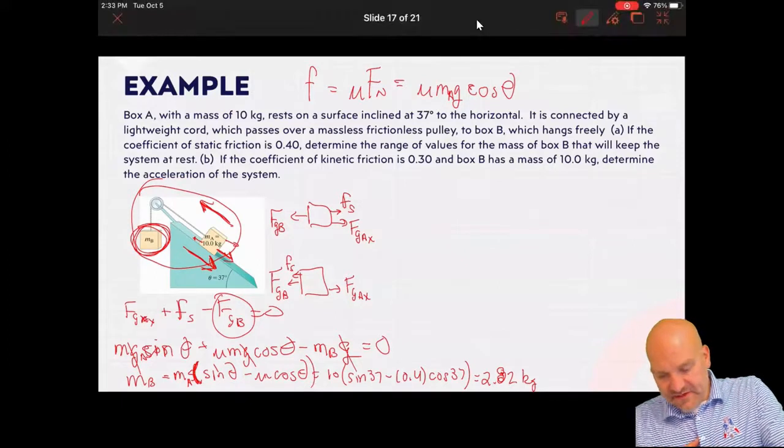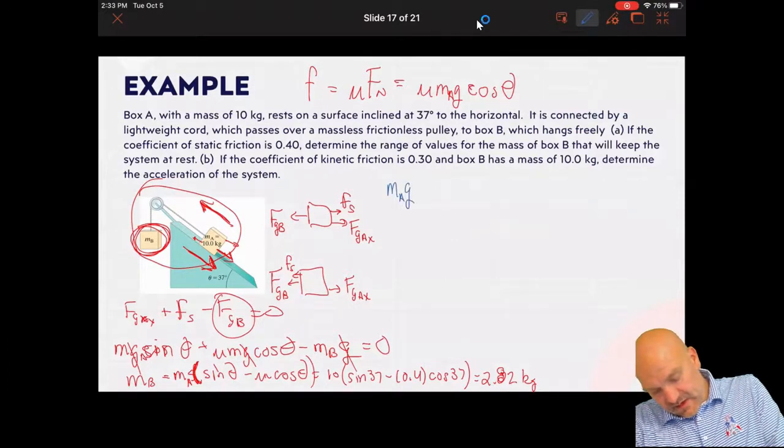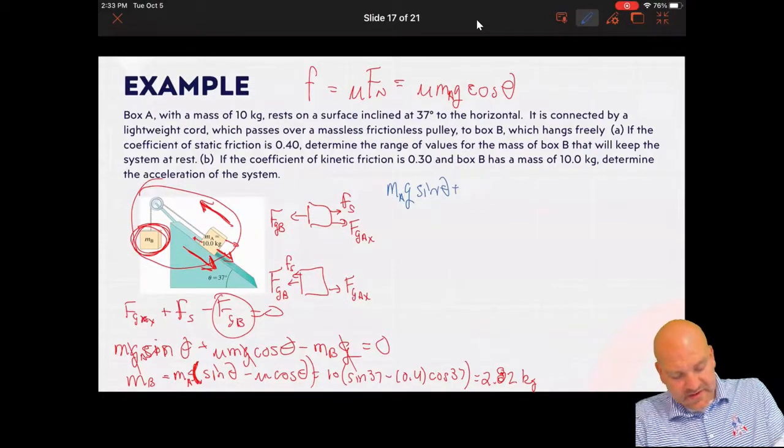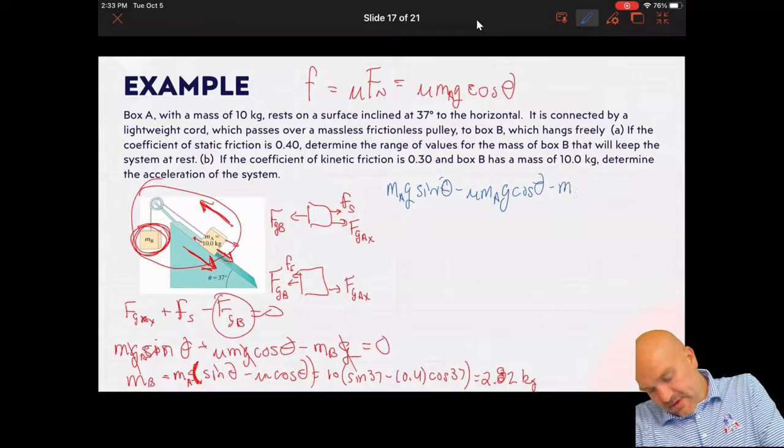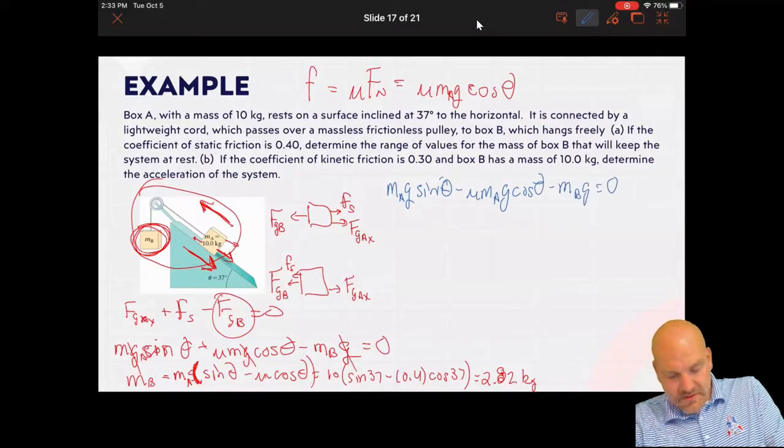And then I know this slide's going to get messy, so I'll do it in a different color. Basically my equation will be the same: m_A g sine theta, but the difference in this case is that in my first case it's a plus, and this time it would be a minus. I'm sorry for writing over everything. So it would be sine theta minus mu m_A g cosine theta minus m_B g equals 0.